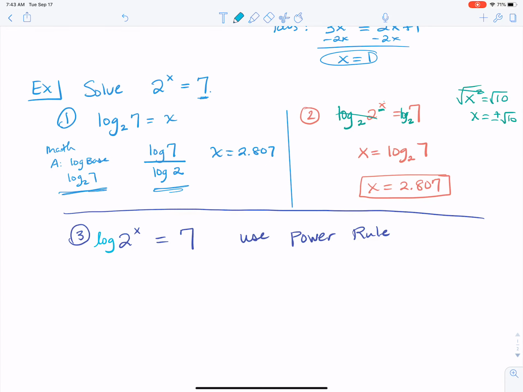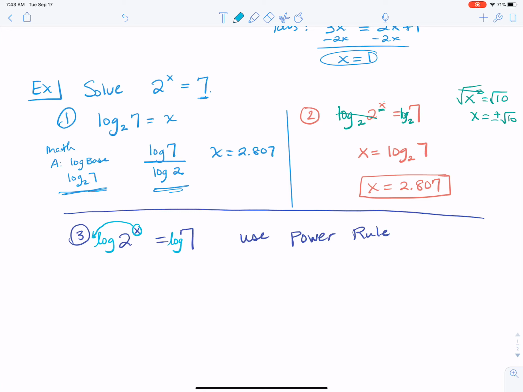I'm going to take the natural log of both sides. So see how when I wrote log on both sides, that's 3 letters on the left and 3 letters that I had to write down on the right. That's 6 whole letters I had to write in. So sometimes when I do this, I just do ln on the left and ln on the right, because that's only 4 letters you have to write on both sides. Y'all think I'm crazy, but that's what I do in real life.